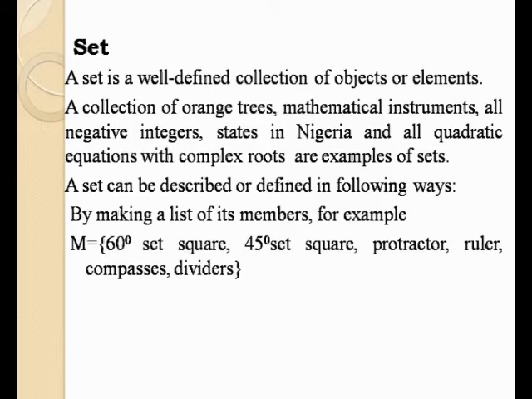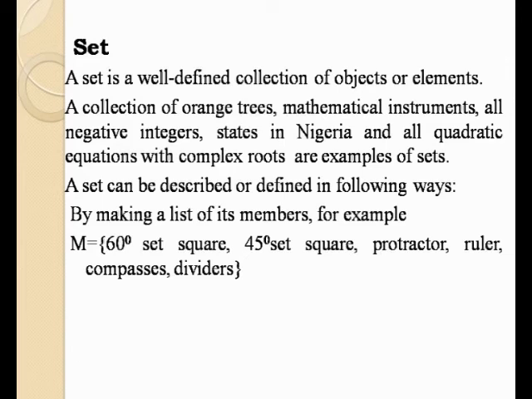A set is a well-defined collection of objects or elements. A collection of trees, mathematical instruments, all negative integers, states in Nigeria, and all quadratic equations with complex roots are examples of sets. A set can be described or defined in the following ways. The first one is by making a list of its members.